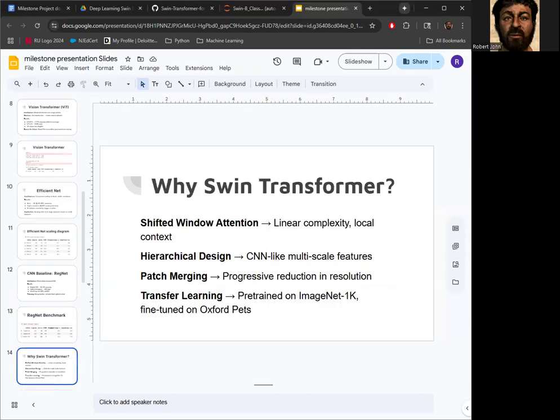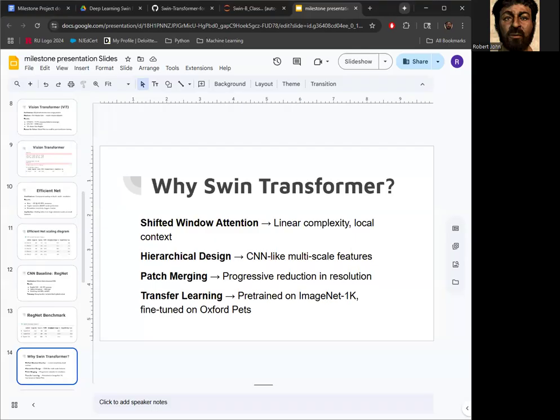So why choose Swin? First, it uses shifted window attention, which keeps computation linear with respect to image size while still capturing local context. Second, its hierarchical design works much like a CNN, building multi-scale features that help with fine-grained recognition.